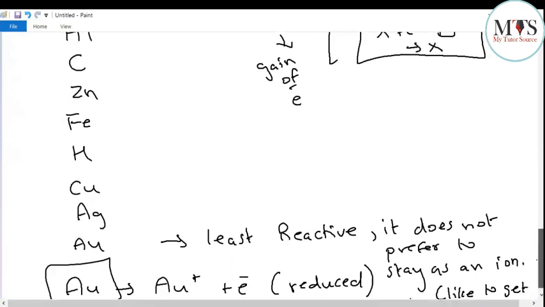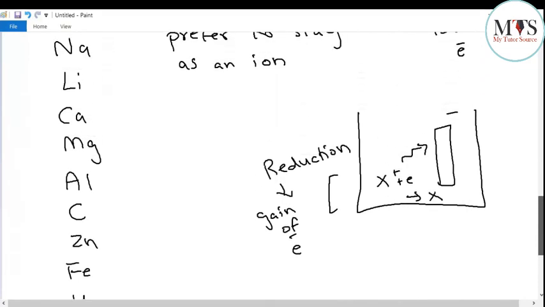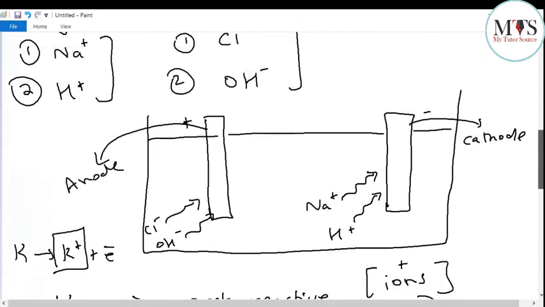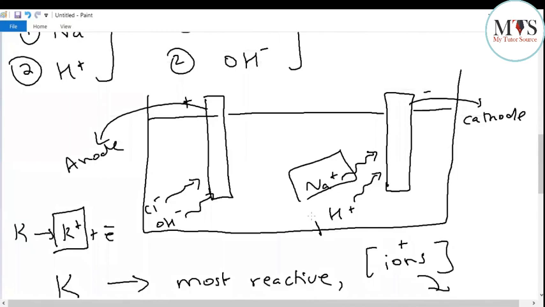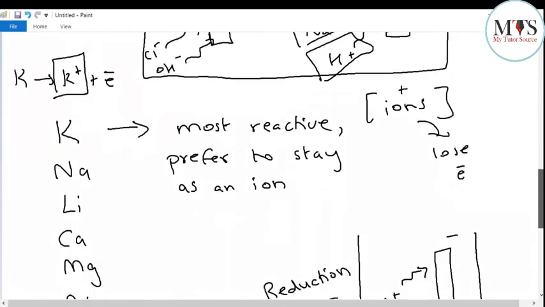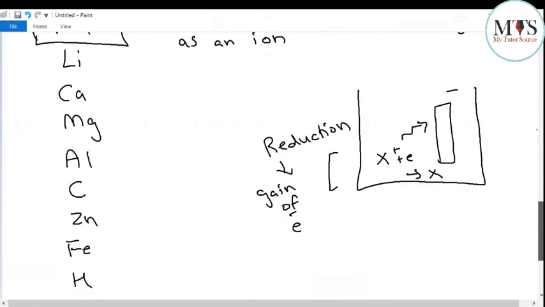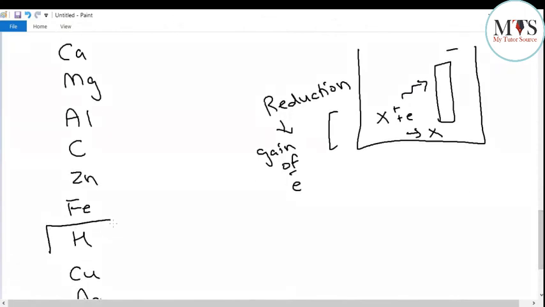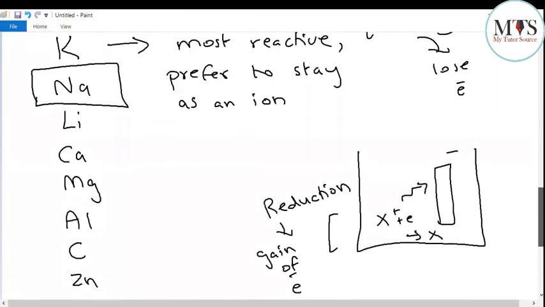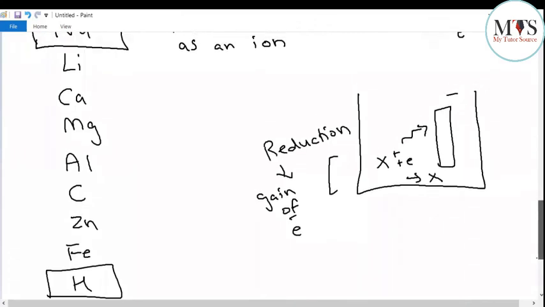Okay, now over here we are talking about sodium and hydrogen. So let's locate the sodium and hydrogen in the reactivity series. Sodium is somewhere over here, right? And hydrogen is somewhere over here. So if you see, sodium is more reactive than hydrogen, right?